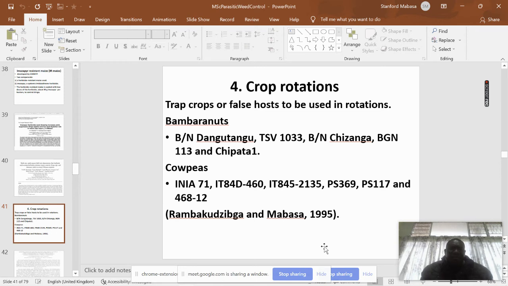Now, among the bambara nuts, there are some bambara nut genotypes which were found to be very efficient in germinating Striga asiatica, and also among the cowpeas.